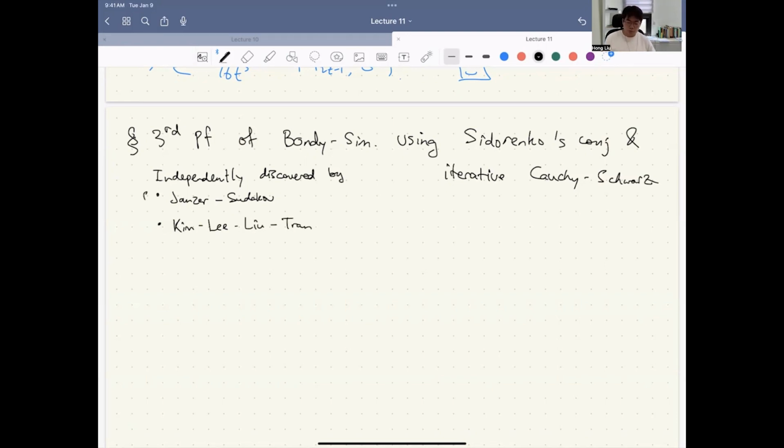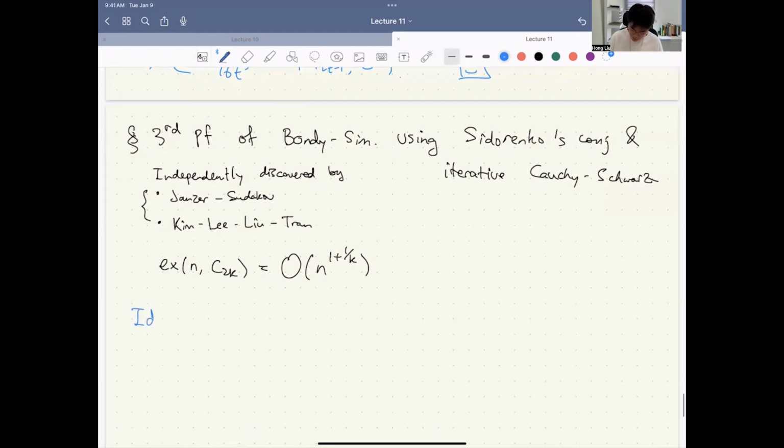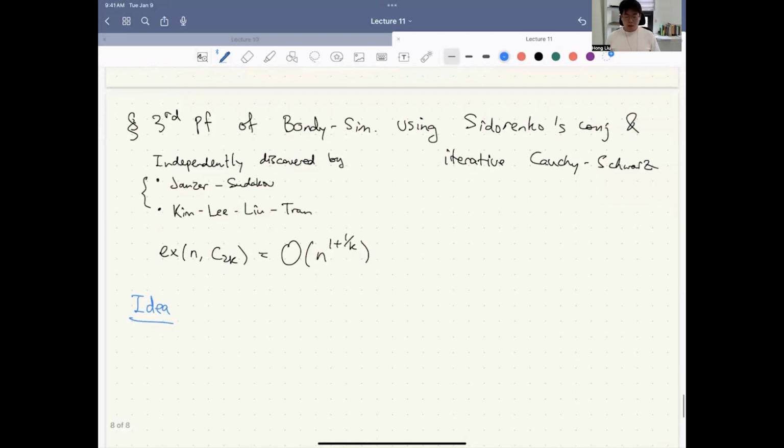Okay, so two groups of people. What is the idea? Recall, we want to prove that the number of edges is big O of n to the 1 plus 1 over k. This is what we want to prove. The idea is captured by these two words: we are going to use Sidorenko and we use Cauchy-Schwarz.